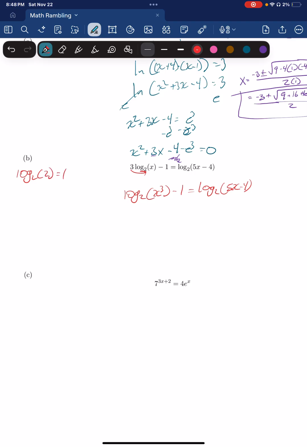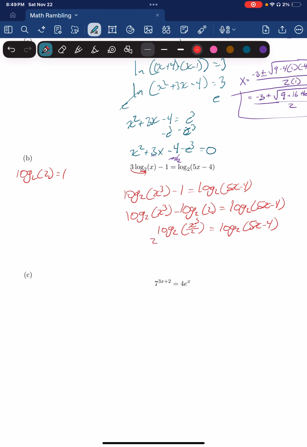So I'm going to rewrite this 1 as log 2 of 2 to get log 2 of x cubed minus log 2 of 2 equals log 2 of 5x minus 4. And then I'm going to combine these into one thing using our division rule. So log 2 of x cubed over 2 equals log 2 of 5x minus 4.